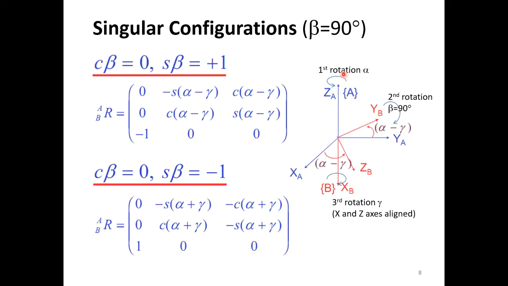And this is the illustration when beta is 90 degrees. See whether you can track that down. The first rotation is around the z-axis by angle alpha. Once you do that, you get this orientation, the red frame. After that, you rotate around the y-axis, and the second rotation is 90 degrees.